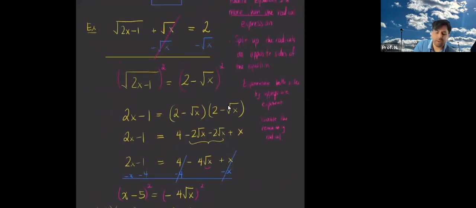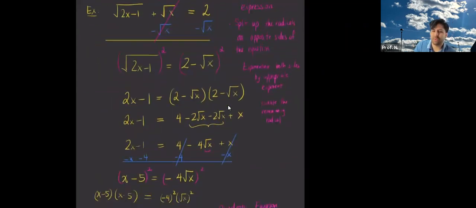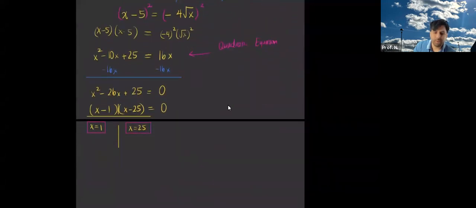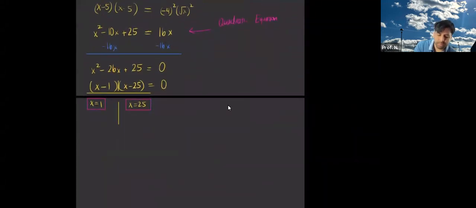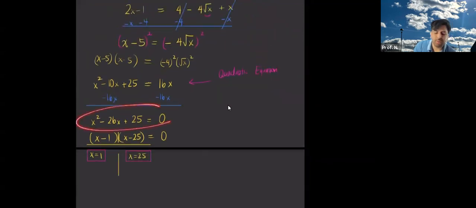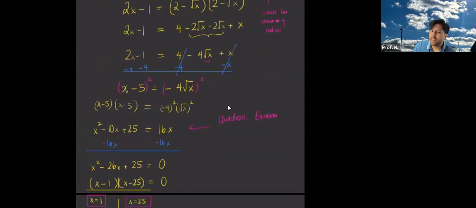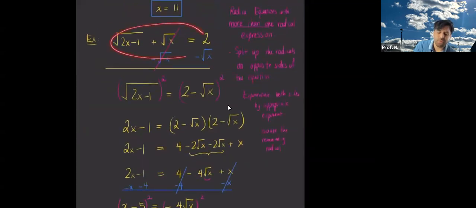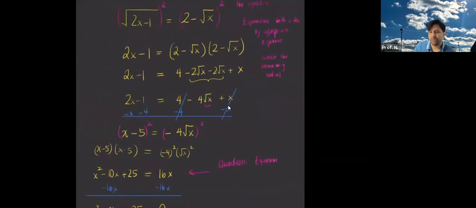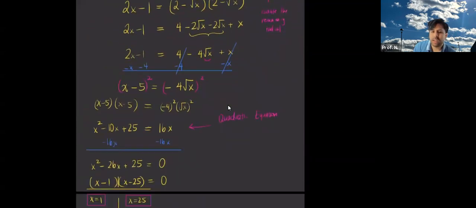We changed the equation from having radicals to having squares in them. And so we have to be always careful, because even though we get two solutions, those two solutions pertain to the quadratic equation, not necessarily to the original radical equation. The quadratic equation came about because we're trying to solve a radical equation.